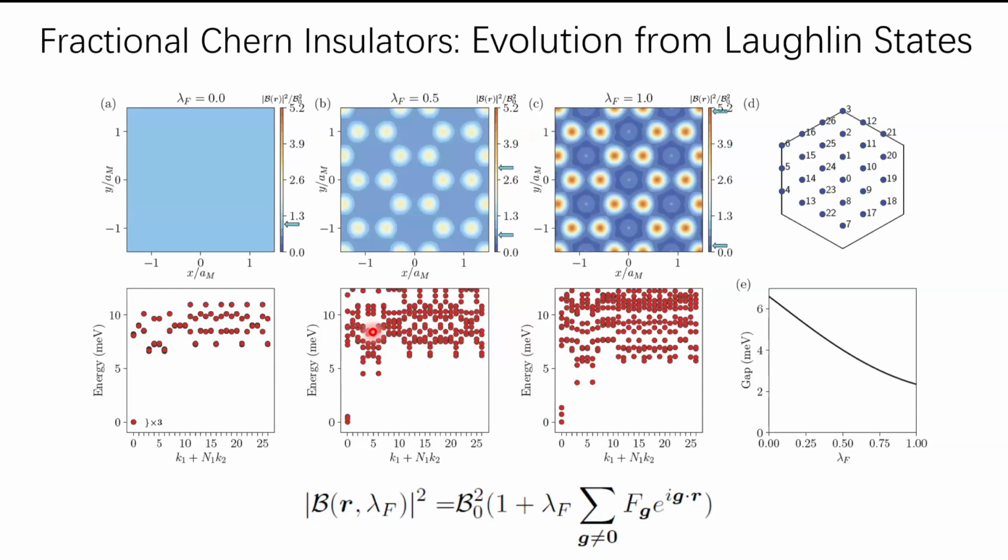This is my last slide. We parameterize the variation of B(r) in terms of this lambda_f. If lambda_f is 0, then B(r) is spatially uniform and the physics reduces to Landau levels, and we get the Laughlin state at filling factor 2/3. If we increase lambda to its actual value in twisted MoTe2, we see that the gap between the ground state and the excited state remains finite, but it's reduced.